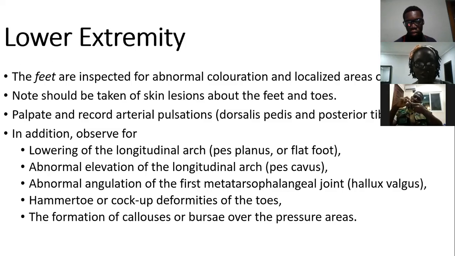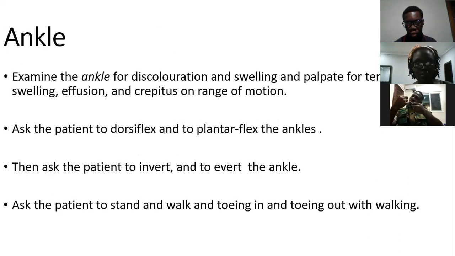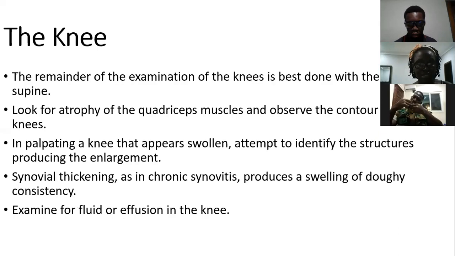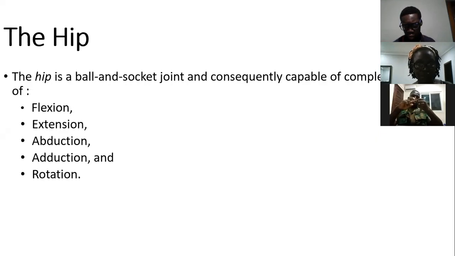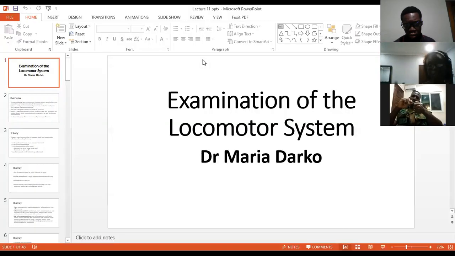Then the usual range of movement, flexion, extension, ankle, virtually the same thing, the knee, the same thing. Okay, so in fact, the take-home point from the whole session is that when you're examining the musculoskeletal system, you want to go through inspection, palpation, and manipulation.